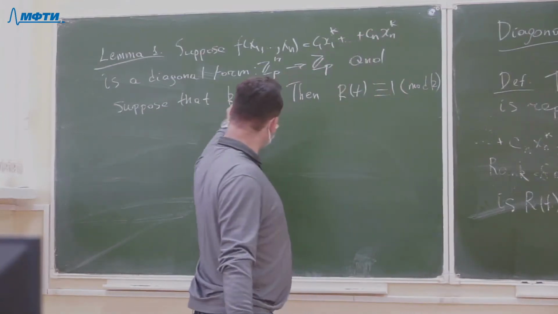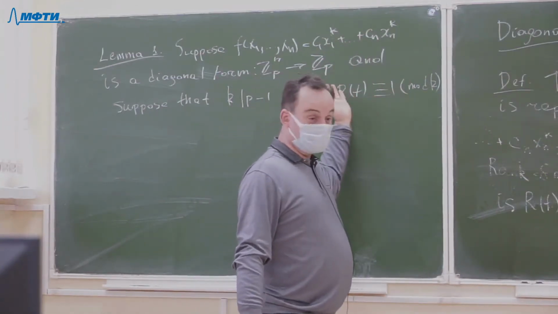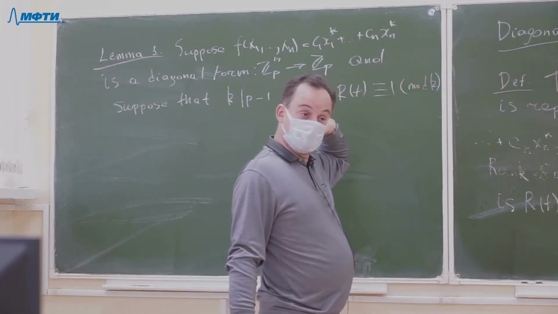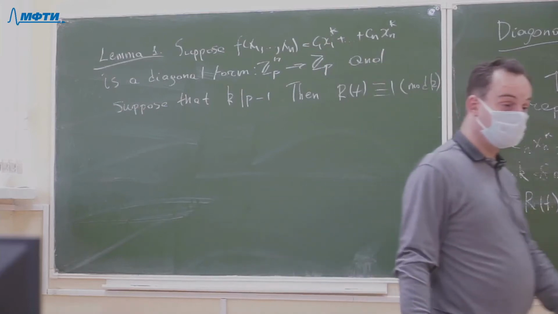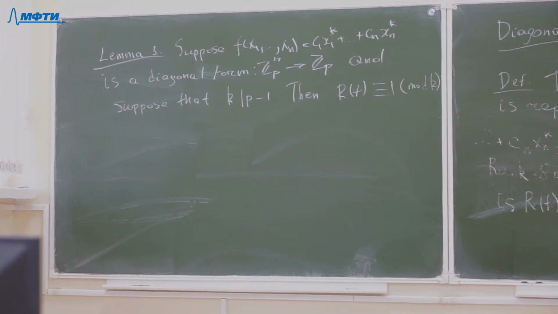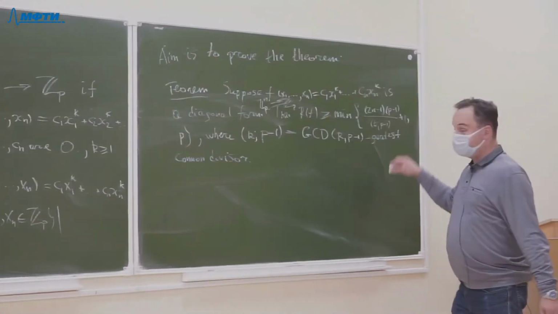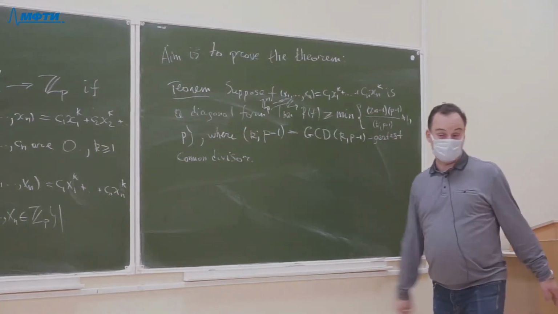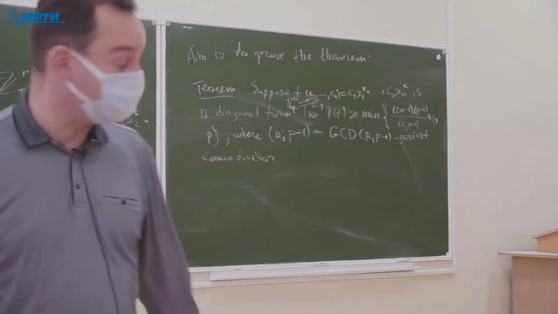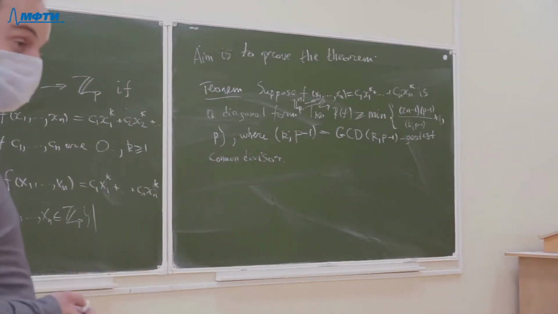K is a divisor of p minus 1, but nevertheless, the rank is 1 modulo k. That's how we get rid of the supposition that k is a divisor of p minus 1: we put the GCD here instead.